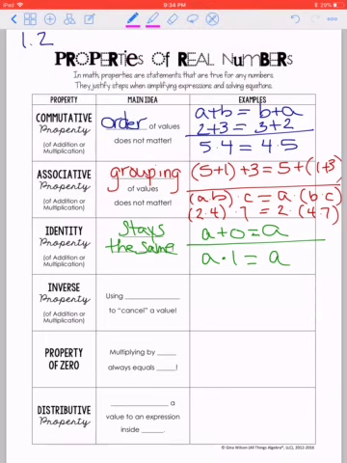Next property is the inverse property. This is when you use the opposite value of your number. So when we talk about opposites, we're talking about positive and negative. For addition, you're just going to take whatever number you have, and it would be A plus negative A, and that would equal 0.